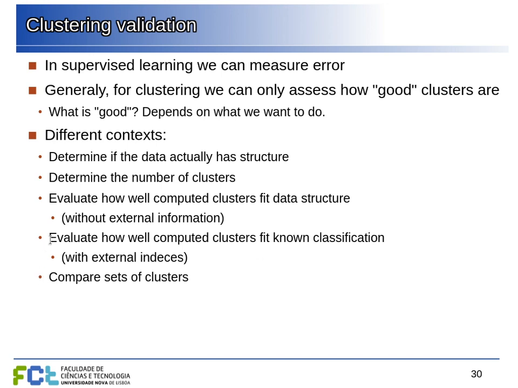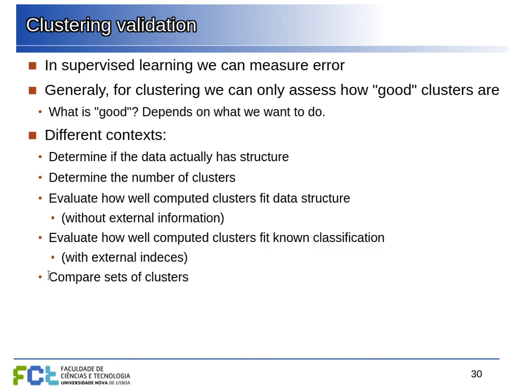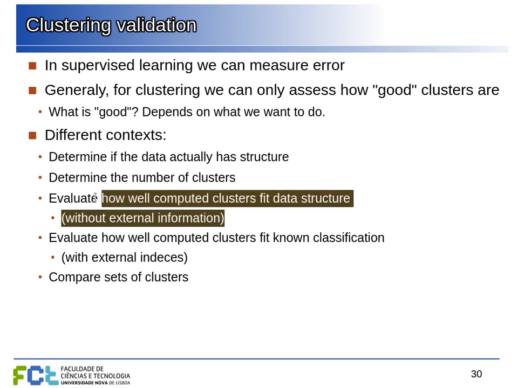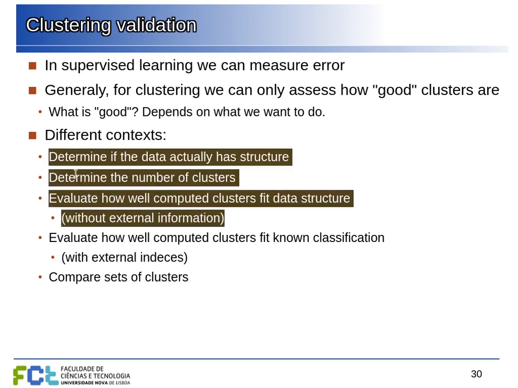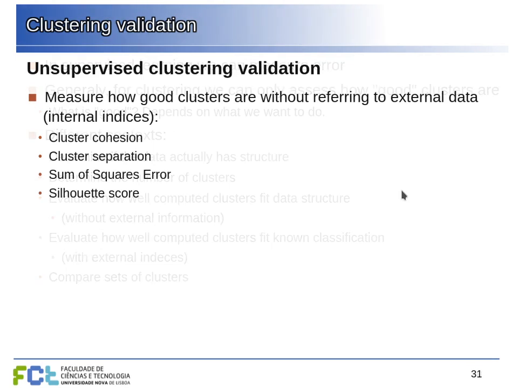We're going to see this a bit better in the next week in the context of the second assignment. So looking at information outside the features that we are using for clustering, and this is analogous also to comparing sets of clusters. But today we're going to look at this kind of evaluation of clustering and some ways of doing this by looking only at the features that we're using for clustering.